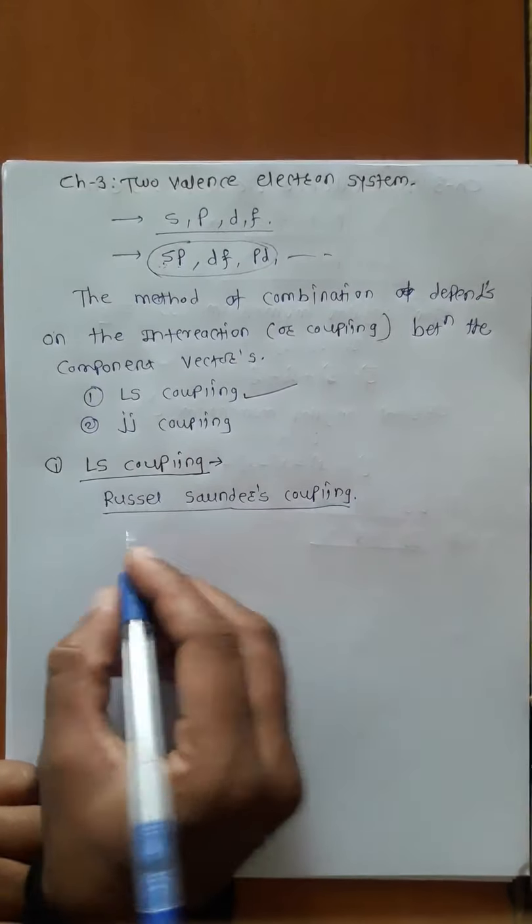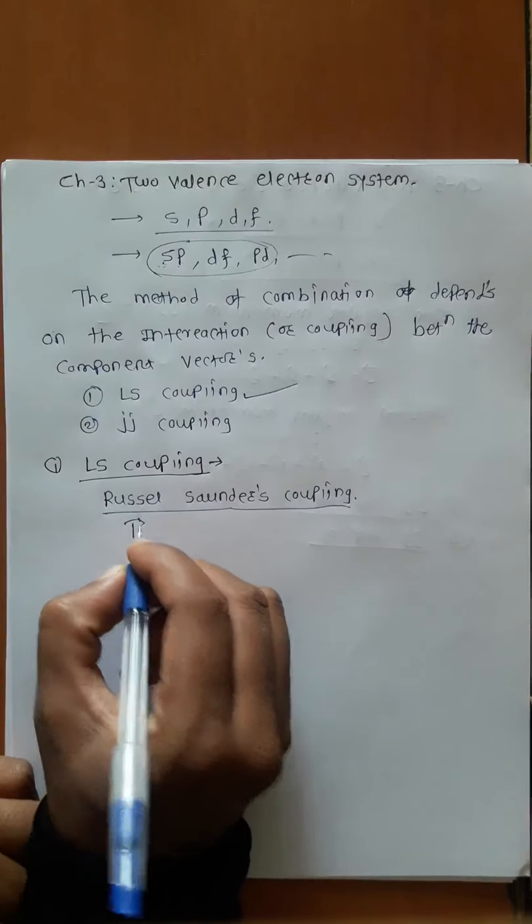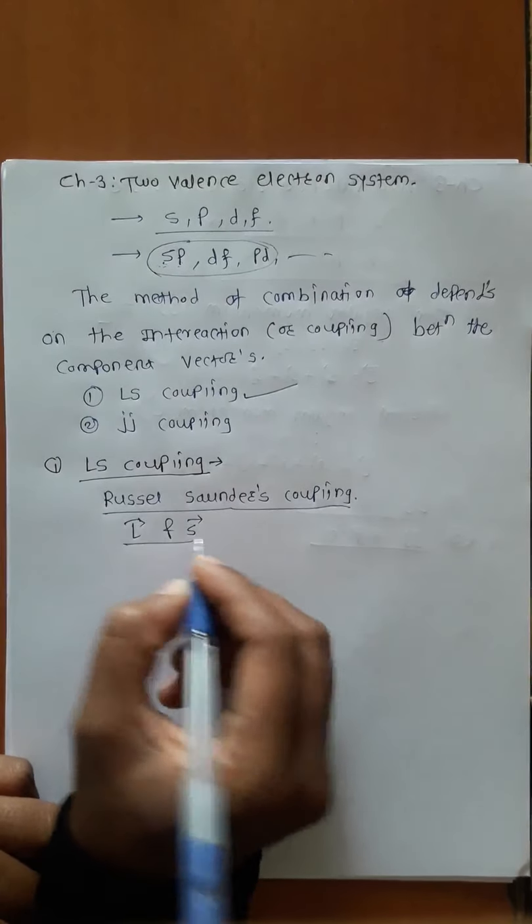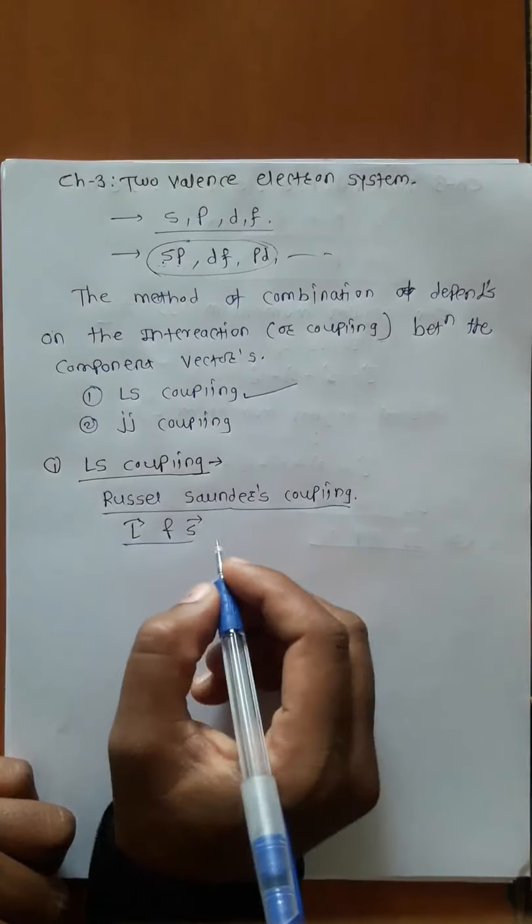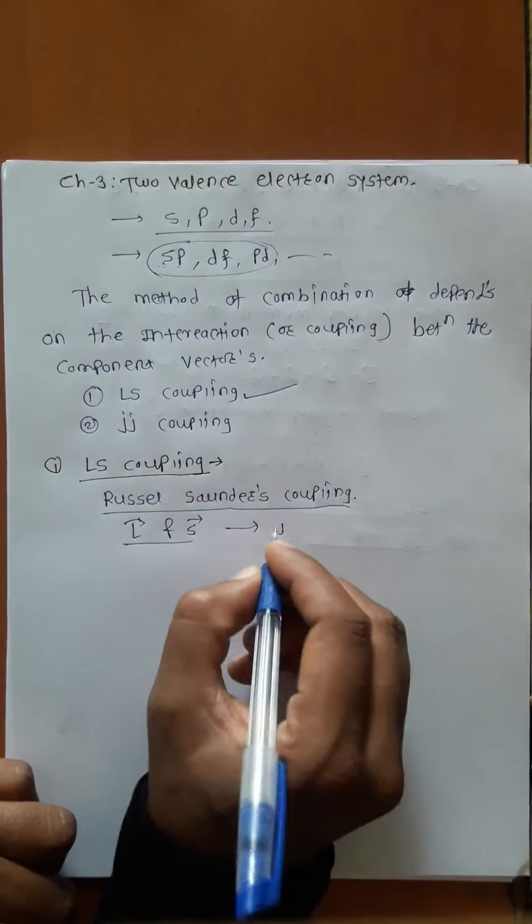In this type of coupling, the vector L bar and vector S bar are combined with each other, and we get the resultant J bar.